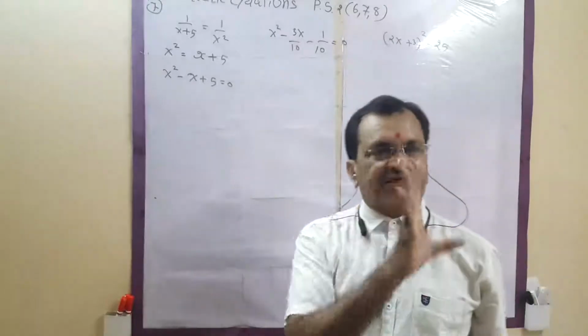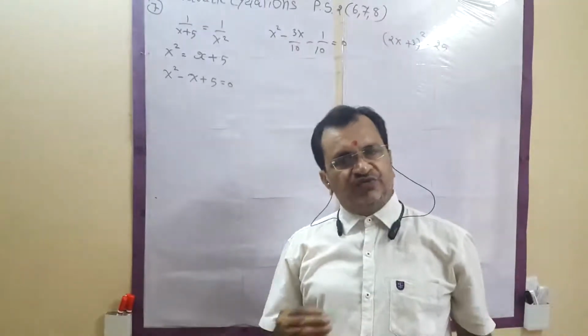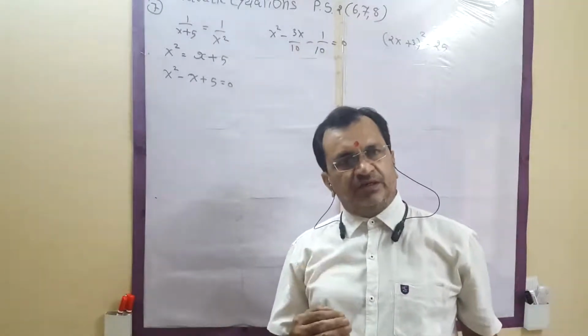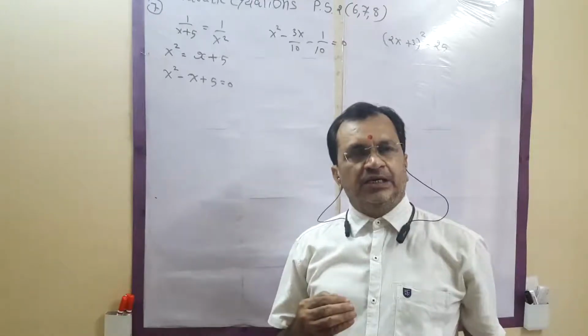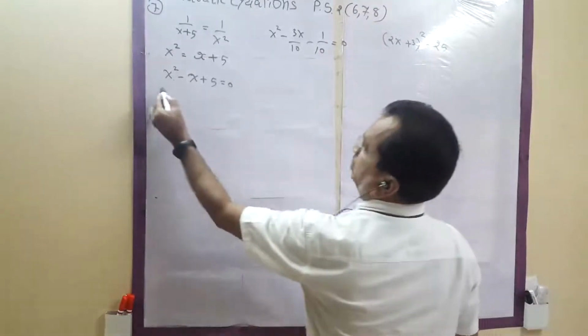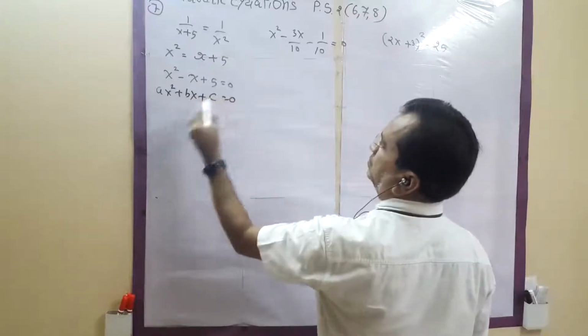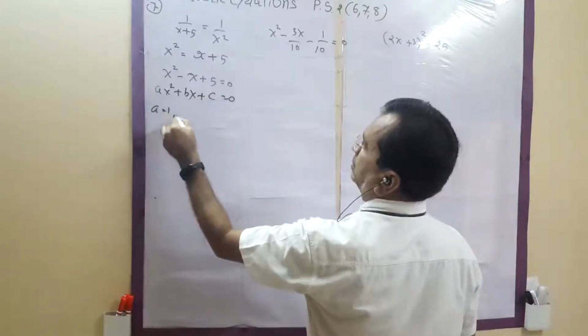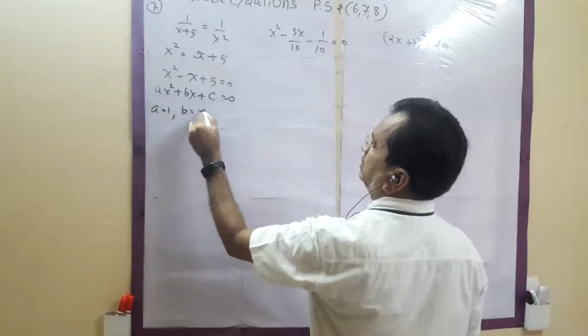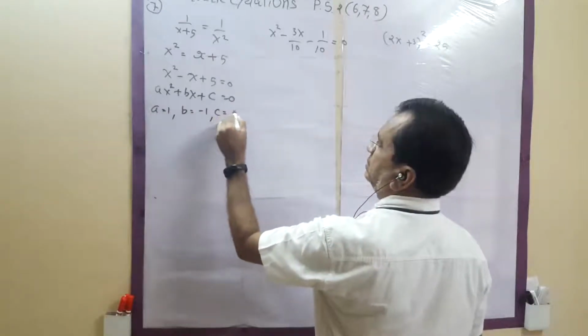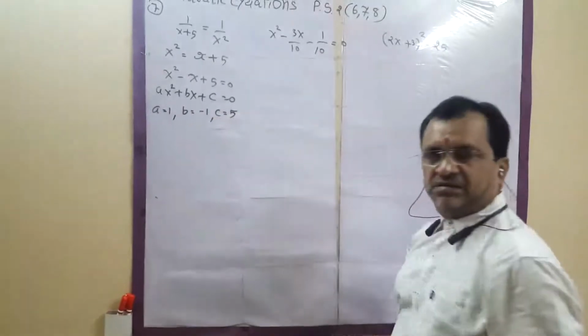From 5, factoring is not possible, so we will solve it by the formula method. Compare with ax square plus bx plus c is equal to 0. A is equal to 1, b is equal to minus 1, c is equal to minus 5.